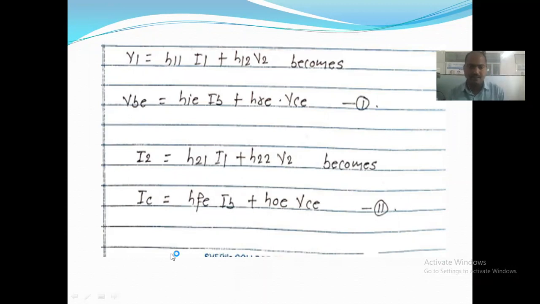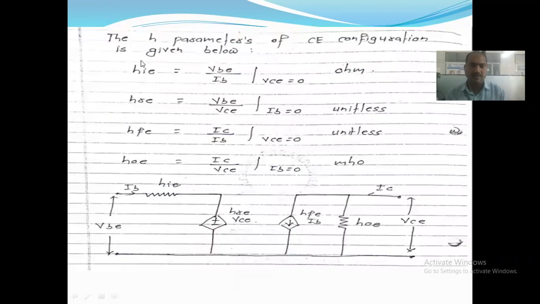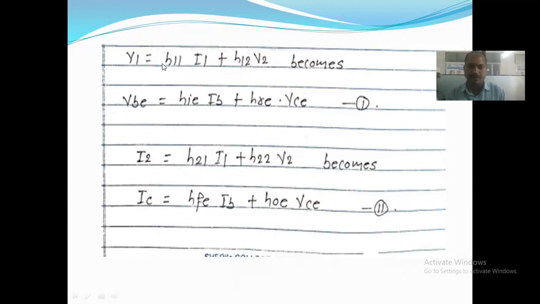For the H parameter network, we need to find the particular values H11, H12, H21, H22. We have already found these, but in this case we have to find the same parameters for the common emitter. H11 is now HIE, H12 is now HRE, H21 is now HFE, and H22 is HOE. These are the four things.